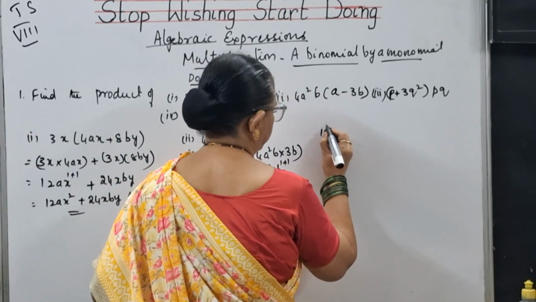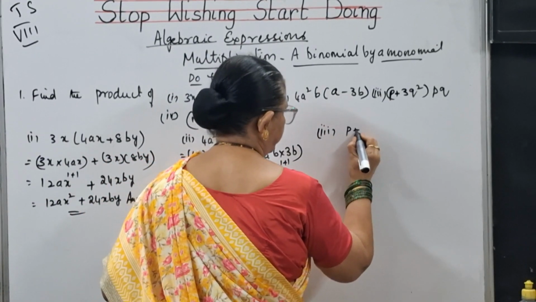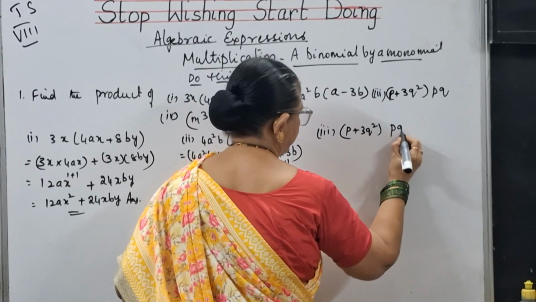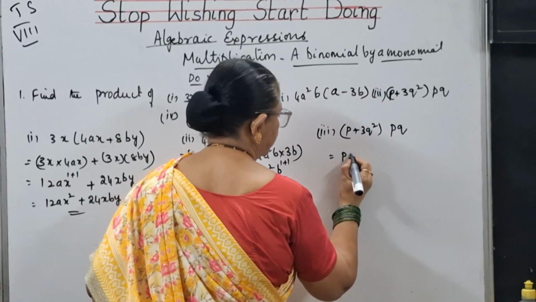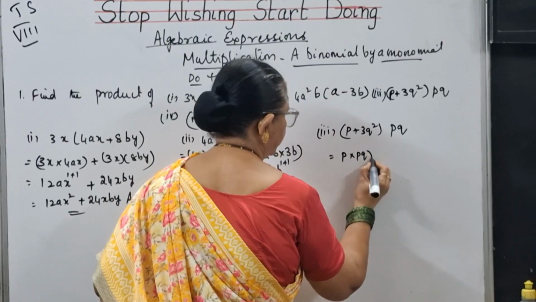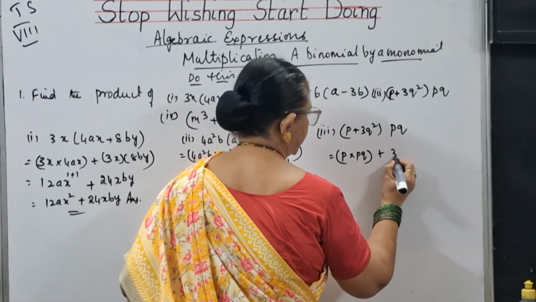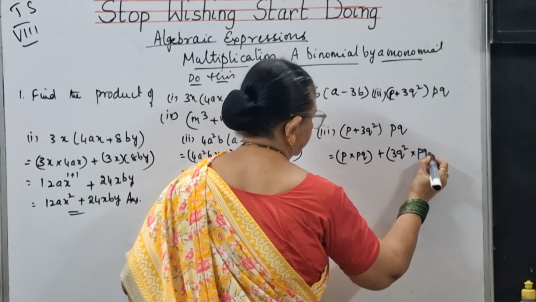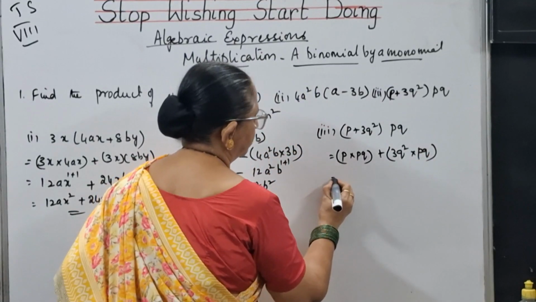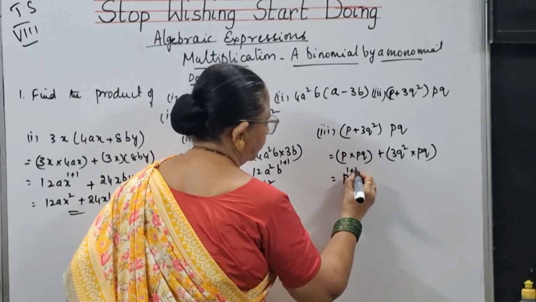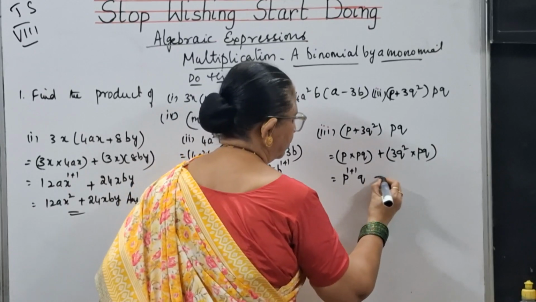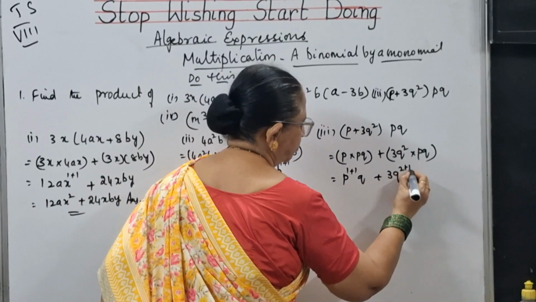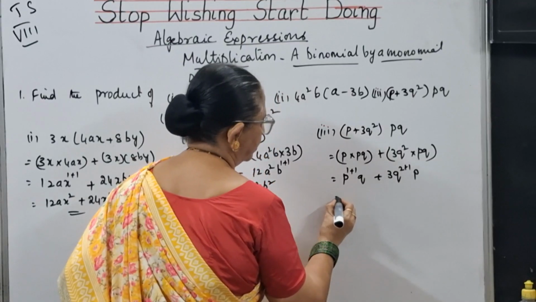Now third bit: p plus 3q square into pq. This is nothing but p into pq plus 3q square into pq. So p to the power of 1 plus 1 into q plus 3 q to the power of 2 plus 1 into p.